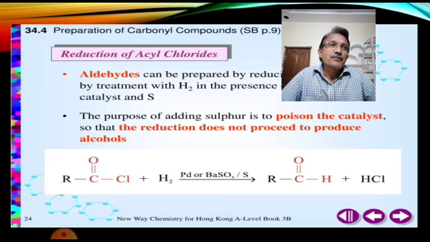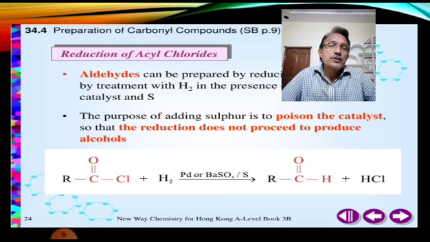Tollens test. Ammoniacal silver nitrate solution is called Tollens reagent. So by Tollens test we can identify aldehydes from ketones, because only aldehydes can give Tollens test, whereas ketones do not give.